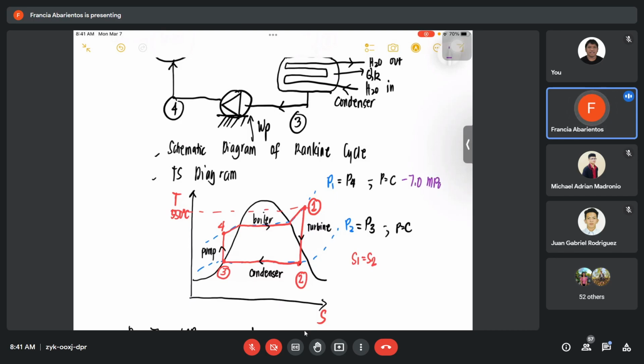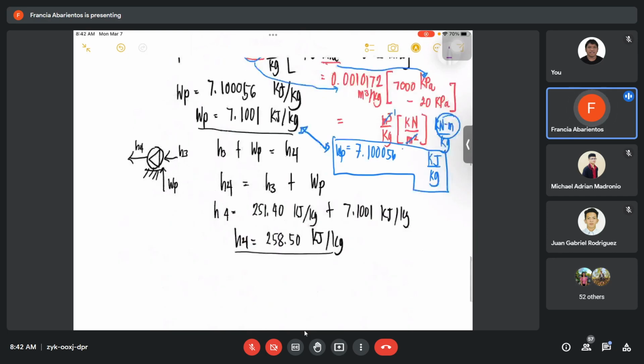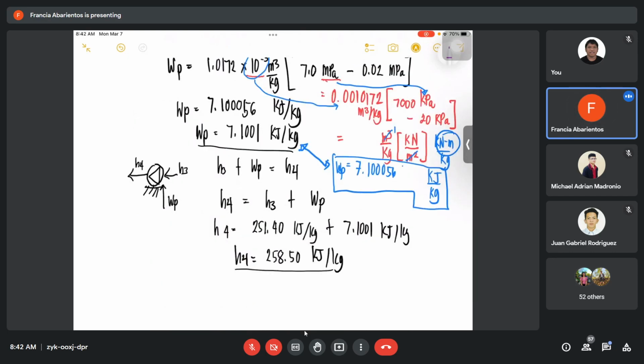This is 0.02 MPa or your 20 kilopascal. This is 7.0 MPa. Naintindihan po ba 'to? 258.5.